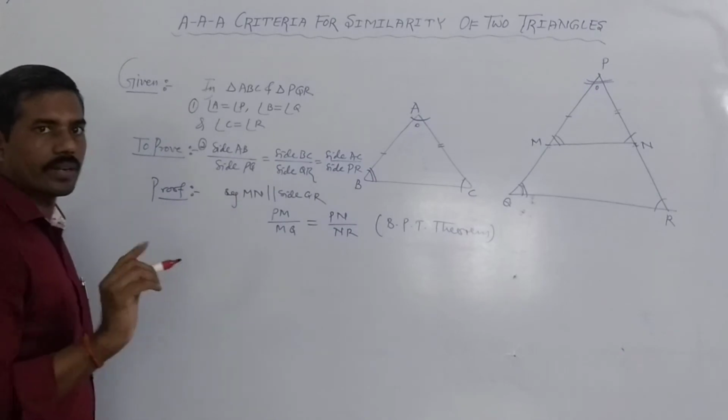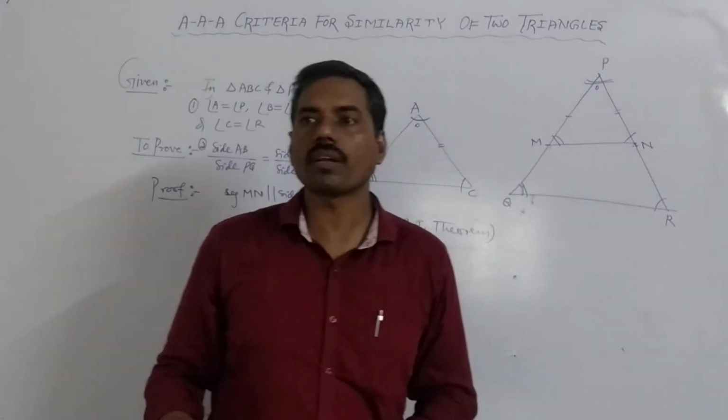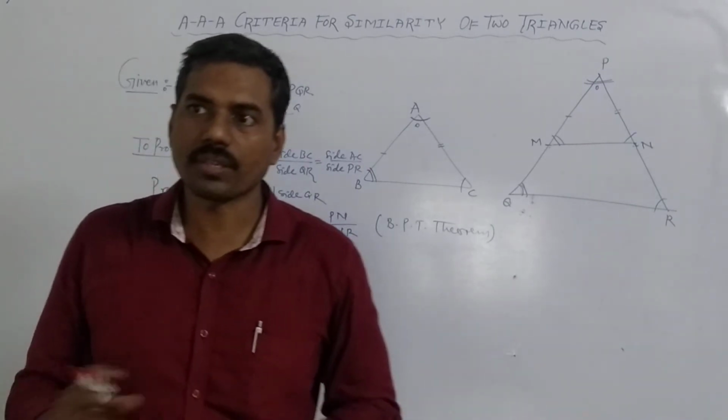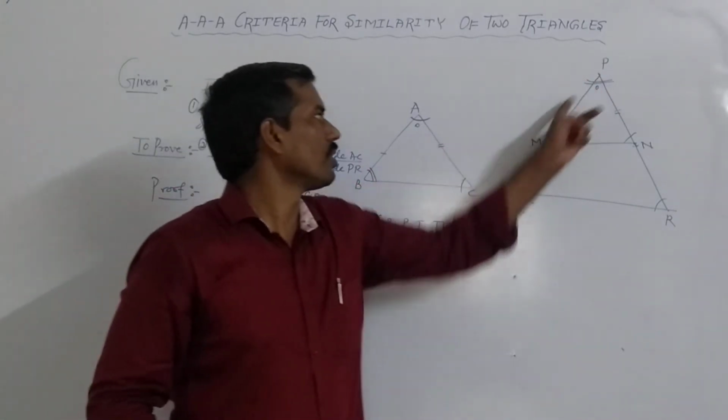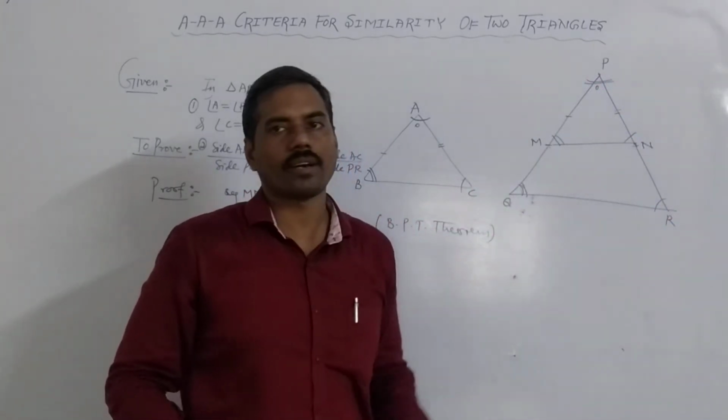Correct? In triangle PQR, since MN is parallel to QR, using the BPT theorem, we can write PM upon MQ is equal to PN upon NR.